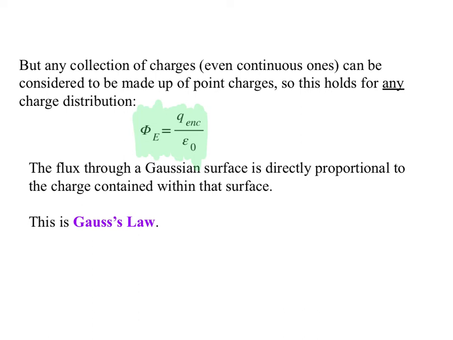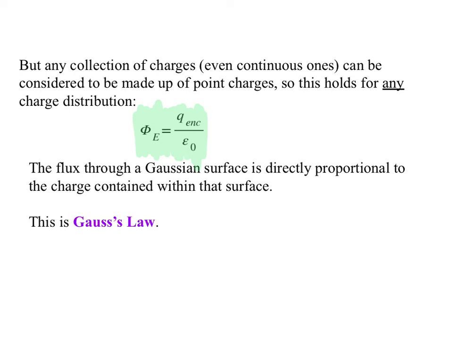And this kind of makes sense, because it ends up saying the electric flux is measuring how much field you have, and the field is generated by the charges. The more charges you have, the more field coming out, the more flux you would expect coming through any given surface. This whole thing is called Gauss's law. It's one of the 4 fundamental laws of electrodynamics, and we'll talk a little bit later in class about a different form of it.